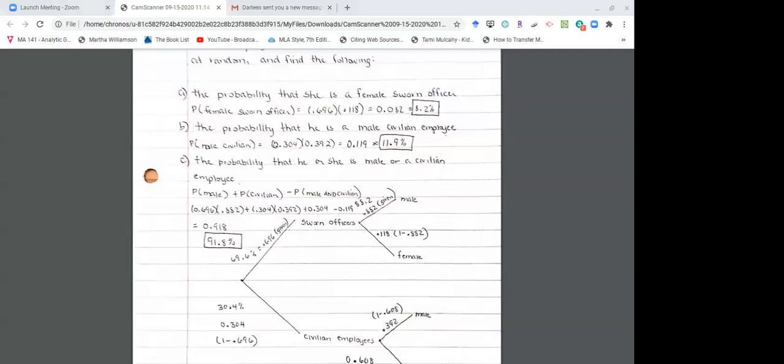As I was saying, when we were calculating our female sworn officers, we take 0.696 and we multiply that by 0.118, and we get 0.082 or about 8.2%.